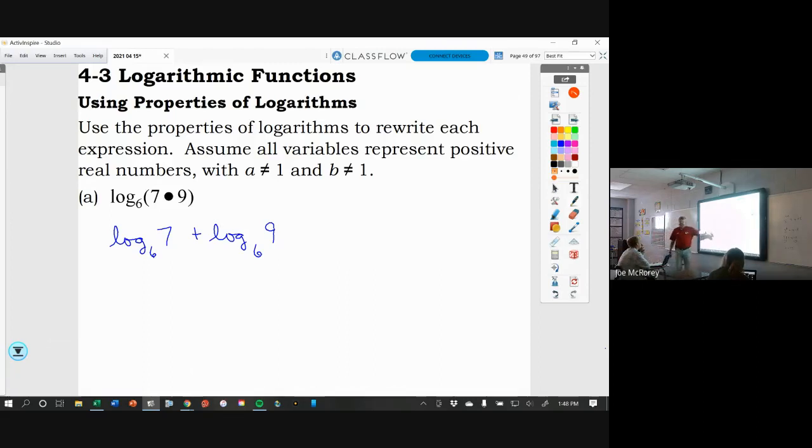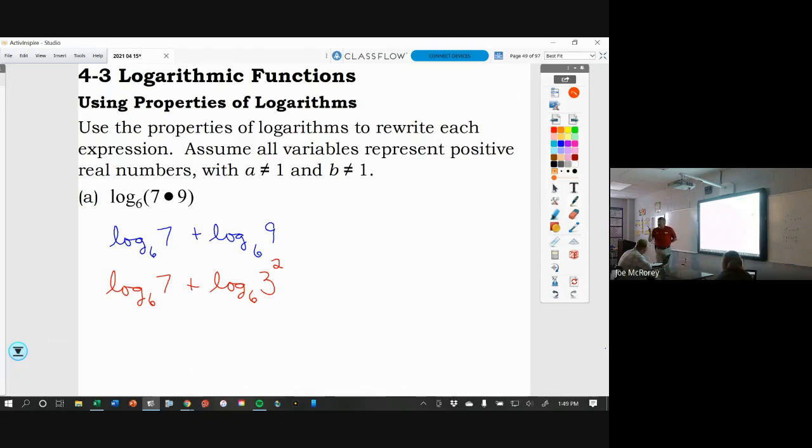Can you write 7 as some number to a power? Or is 7 pretty much what it is? I mean, other than to the first power. Yes, it is. Okay. Can you write 9 as some base to a power? Yes, 3 squared. So if I was working this problem my way, I would have said this is log base 6 of 7 plus log base 6 of 3 squared, because 3 squared is 9, right?